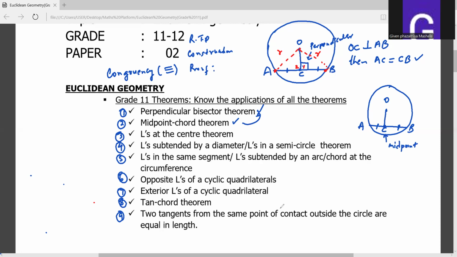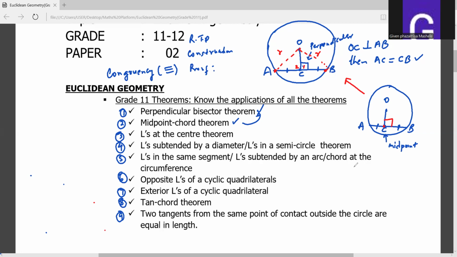Because this theorem says a line that is drawn from the center of the circle to the midpoint of the chord is perpendicular to the chord. So now we want to prove that there is an angle of 90 degrees here, which is actually a converse of the first theorem.